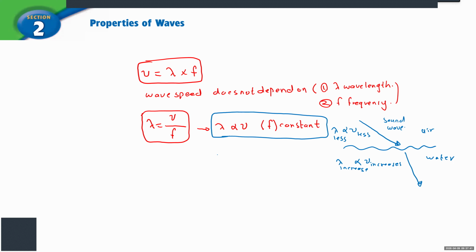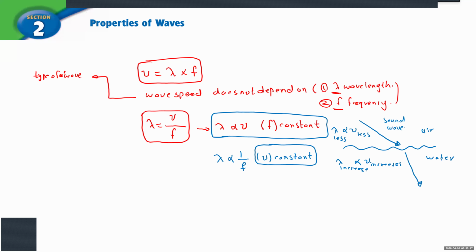The other relation: lambda is inversely proportional with frequency when wave speed is constant. In which case wave speed is constant? Sometimes the student asks, if wave speed doesn't depend on lambda and frequency, it depends on what? Wave speed depends on type of wave. How many waves we have?